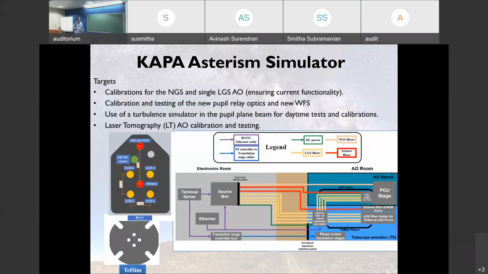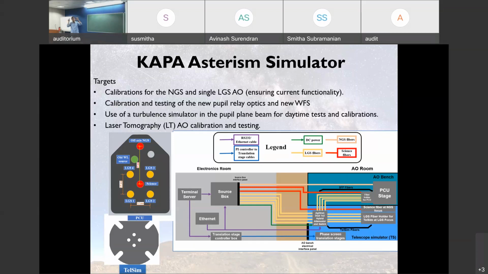Oh, it's pretty small, around 125 millimeters by 100 millimeters. The pupil size is around 36.5 millimeters, so anything more than 40 millimeters, we don't need. We split the phase screen into two parts because it's 100 millimeters in width.